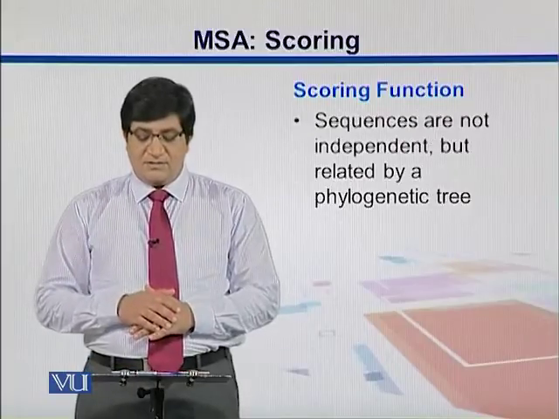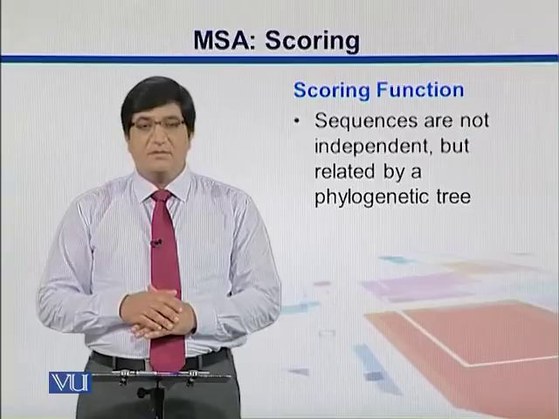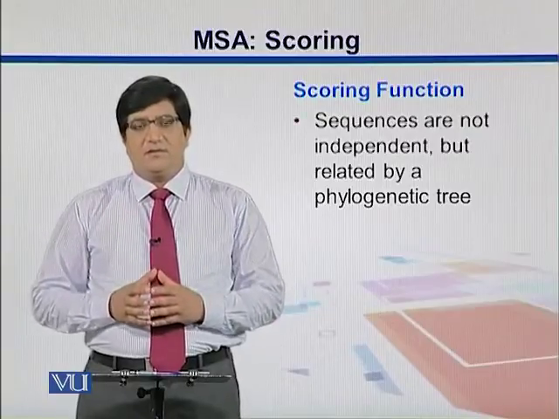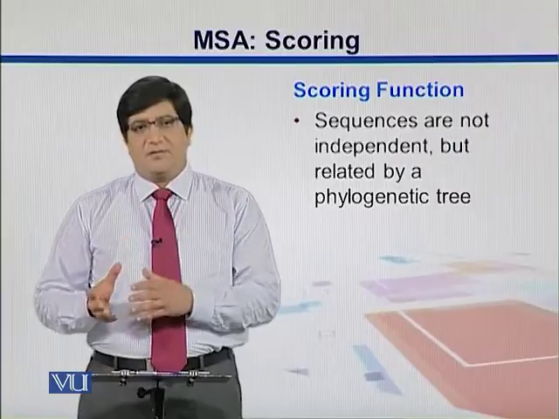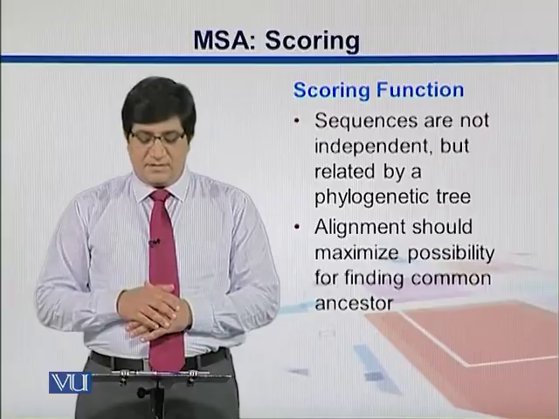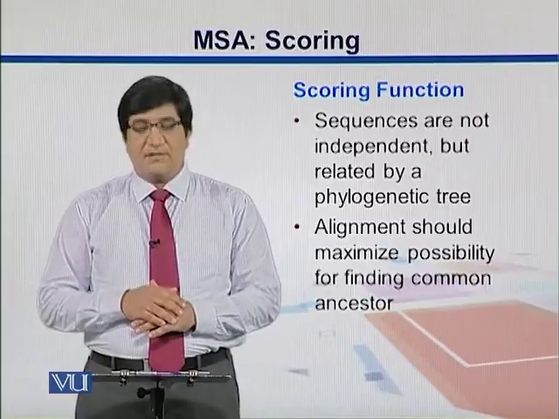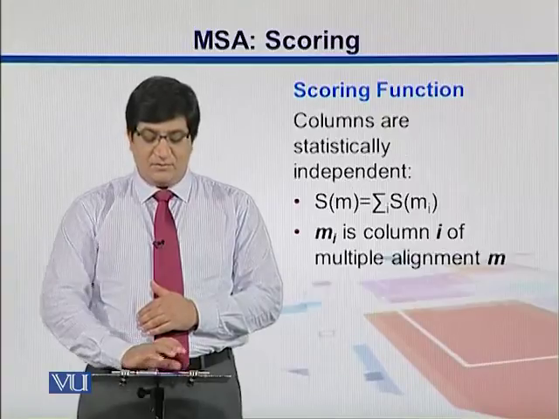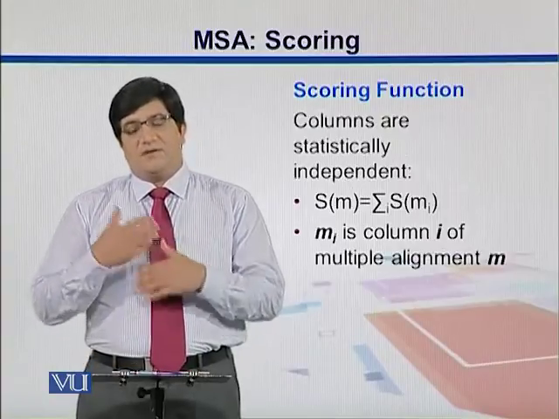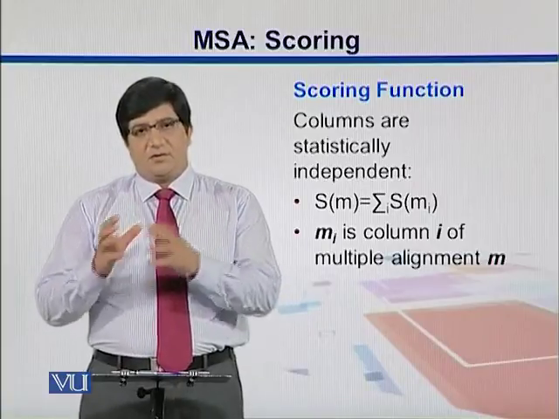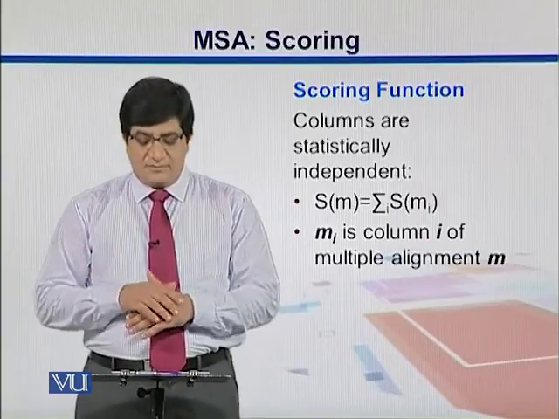We should also consider that sequences are not independent, but related by phylogenetic histories, which are represented by phylogenetic trees. And these alignments should maximize the possibility of finding the common ancestors. All these things, including the phylogenetic relationships, are taken into account while scoring those alignments.